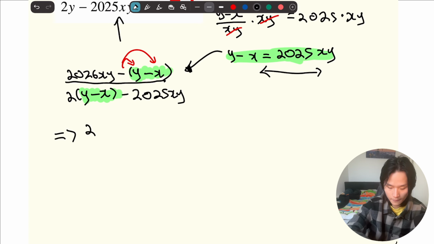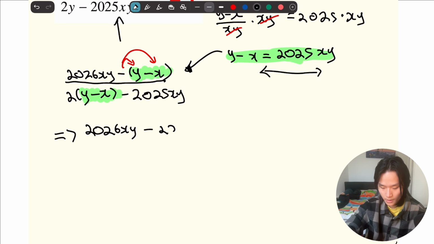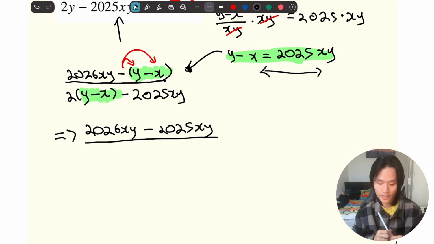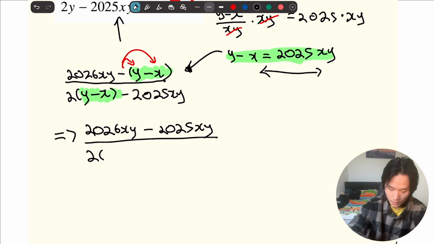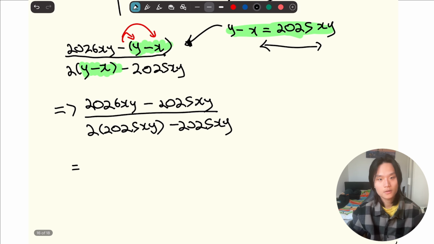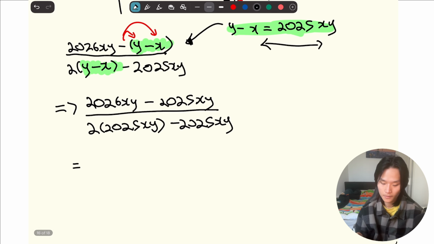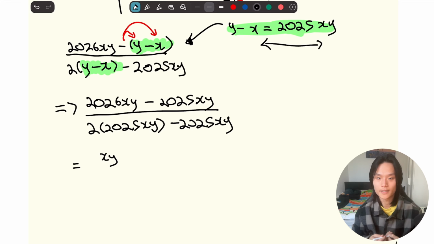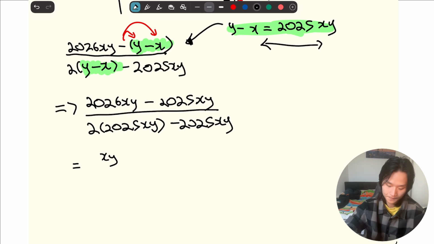So we now have 2026xy minus 2025xy divided by 2 times 2025xy minus 2025xy. Well, what's the top? The numerator, we just have xy, because 2026 minus 2025 is just 1.